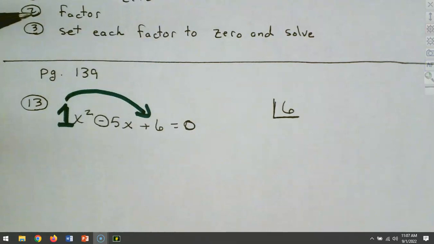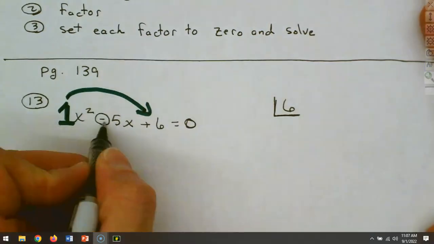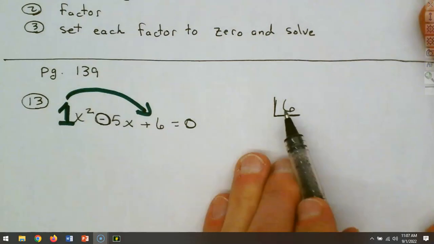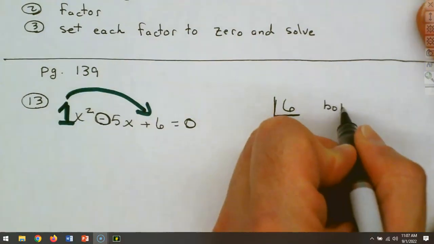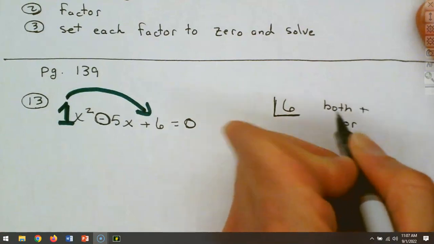That's okay, though. Why are they both going to be negative? Well, we've got the 6, and what do we know about the 6? 6 is positive. Now, how can we multiply together to make it positive? There are either 2 positive numbers, right, or 2 negative numbers. In this case, what's a sign in the middle? Negative, right? Sign in the middle is negative here. This 6 is positive. That means they're either both positive or both are negative.